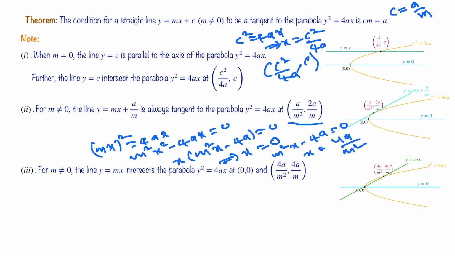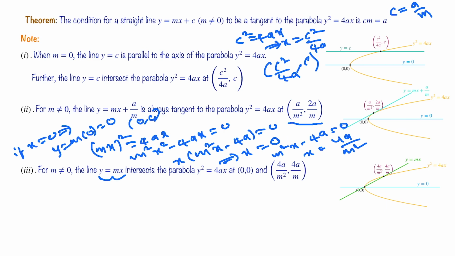If x equal to 0, then if you plug in x equal to 0 in the line y equal to mx, you get y equal to m times 0, that implies 0. So one point of intersection is 0, 0.